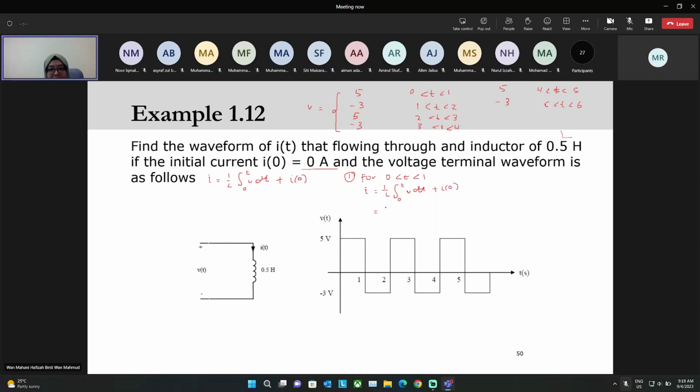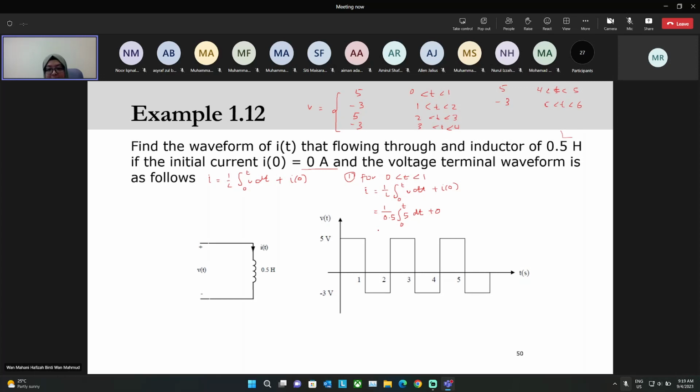So 1 over L. L berapa? 0.5 diberi. Integration from 0 to T. V dia adalah 5 dt plus I at time 0. Dia bagi 0. So belakang ni you boleh ignore lah.